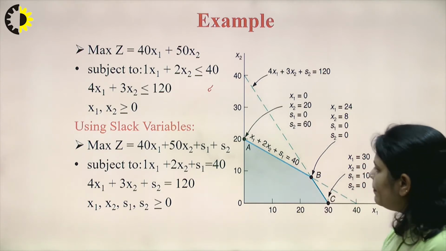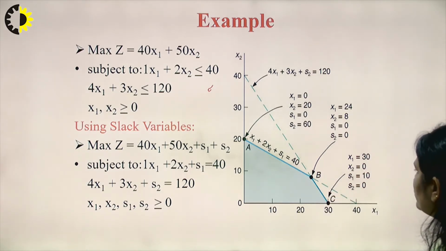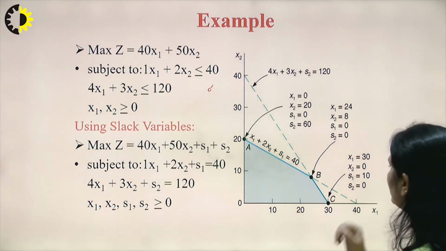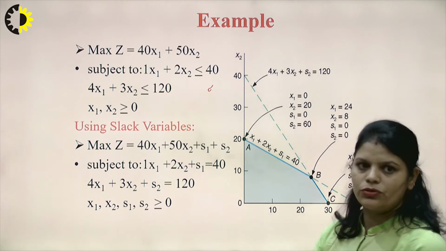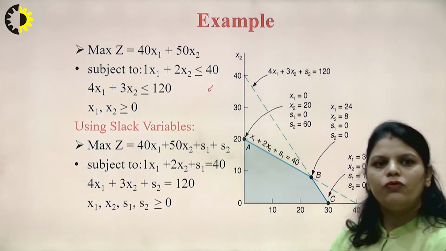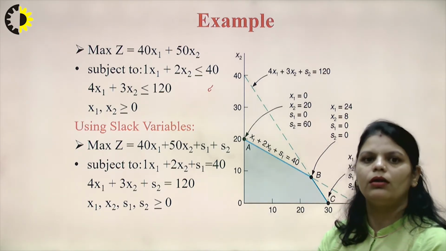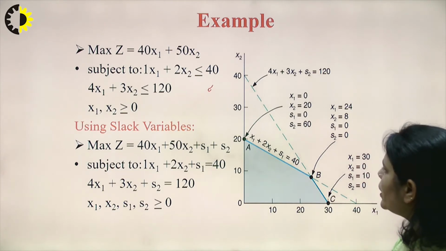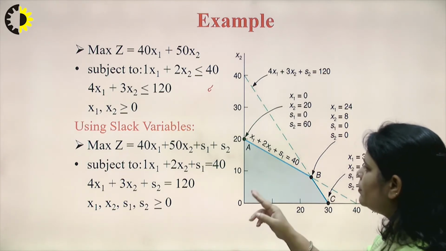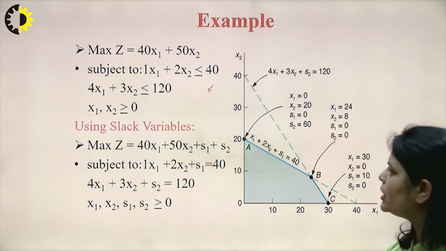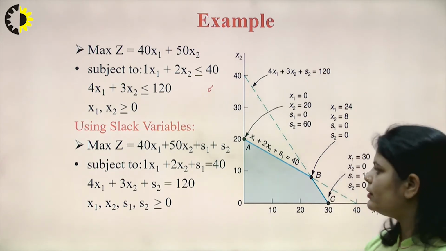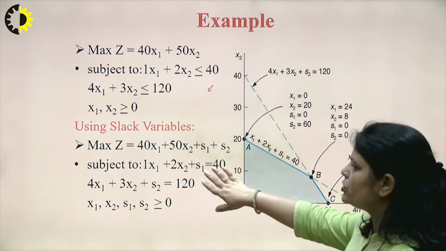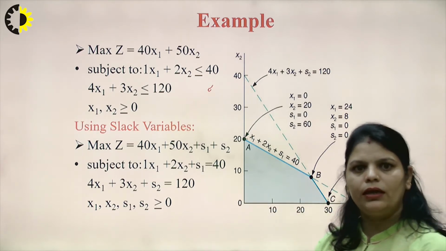So for finding out the value of coordinates at point B, we can see here we have only two equations, but there are four variables. So what we can do, we will put arbitrary values, means s1 and s2 we will equate to 0, and then we will solve these two equations for the value of x1 and x2.